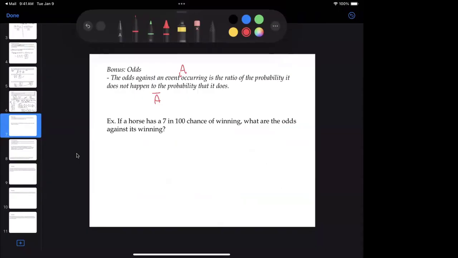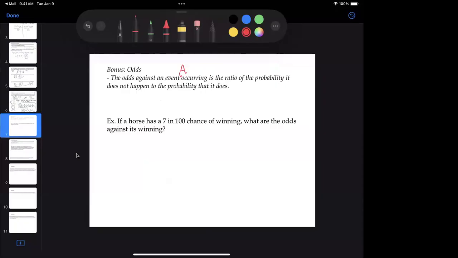I forgot the wording, but it's a weird definition. To calculate the odds against an event, we calculate the probability that it does not happen and we divide that by the probability that it does.